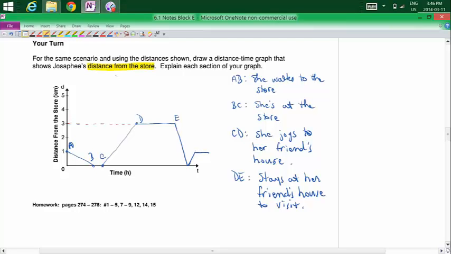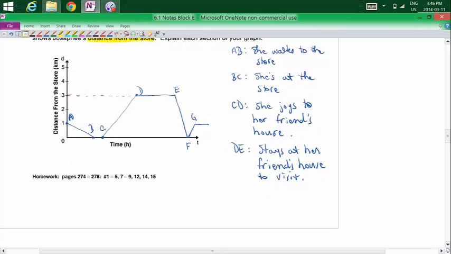So we go from E to F, and then F to G, and then G and following is when she's at home. So from E to F, she runs to the store.